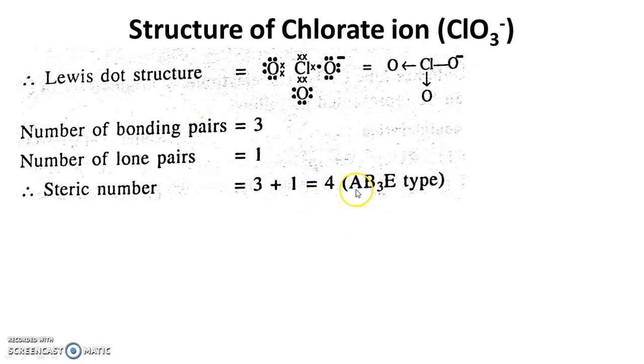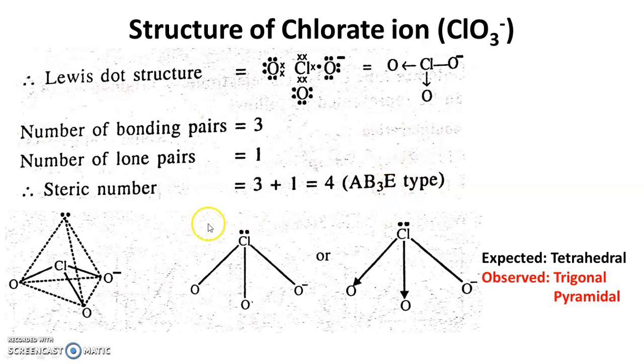But this is an AB3E type of molecule, there is 1 lone pair, and therefore the expected geometry is again tetrahedral, but the observed geometry is trigonal pyramidal, where chlorine is at the center of the tetrahedron, 3 corners occupied by the oxygen and the 1 top corner occupied by the lone pair, and therefore the molecule looks like a trigonal pyramidal.